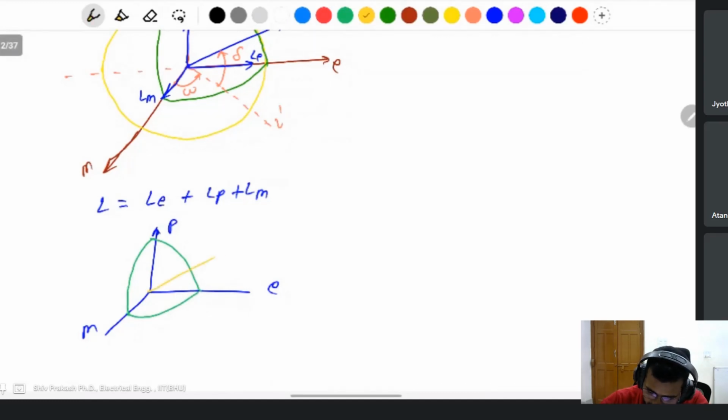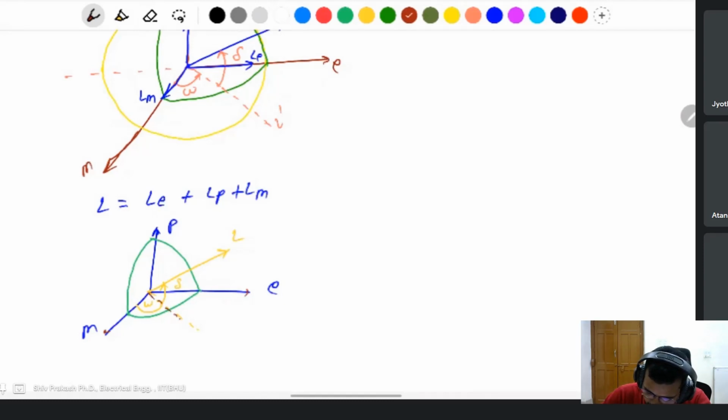Suppose this is the insolation line L. This one will be the delta, and this one will be the omega. E, M, and E, P are placed at 90 degrees to each other.